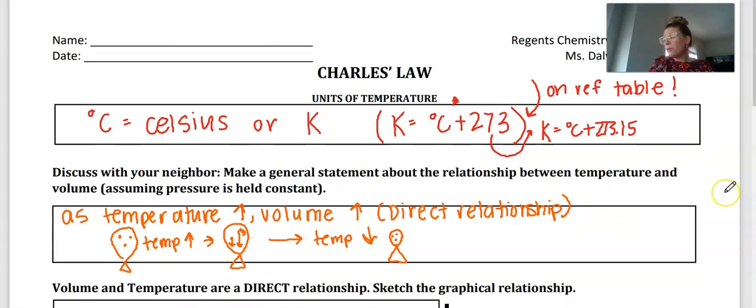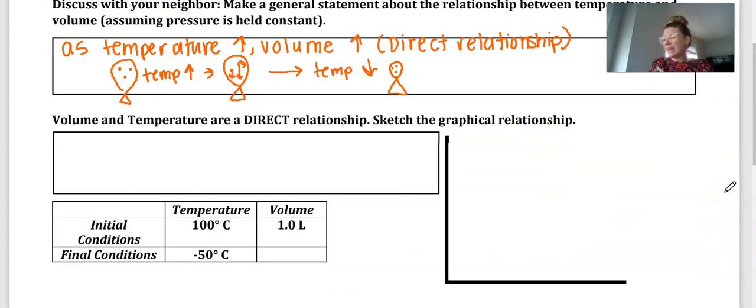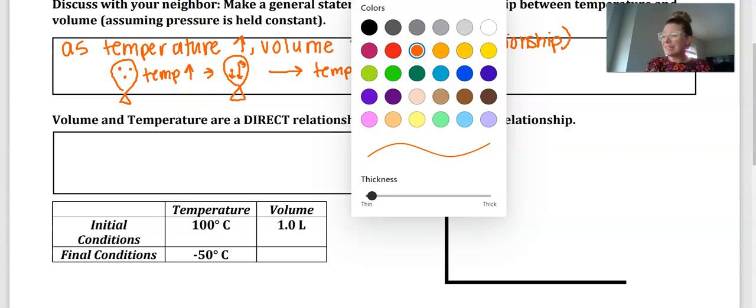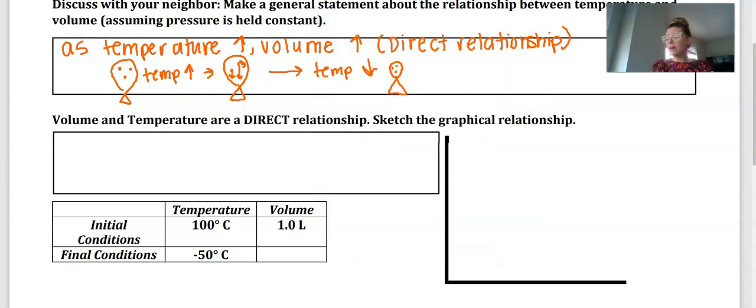All right, so what would this look like graphically then? With Boyle's law, we looked at an indirect exponential relationship. When we're working with Charles' law, with volume and temperature, it's direct and it's linear. So we end up with a nice straight volume versus temperature linear relationship for our graph.